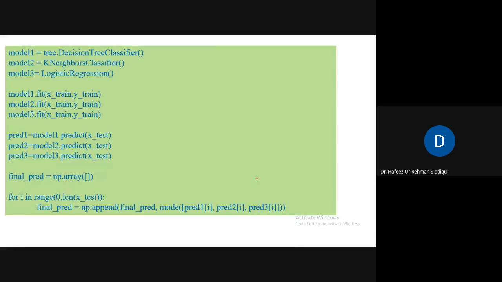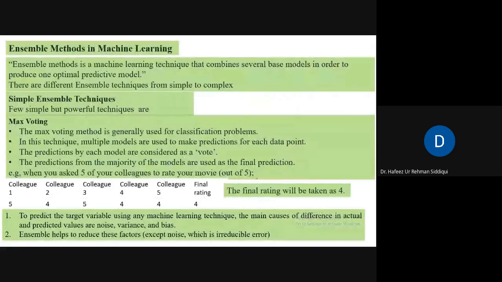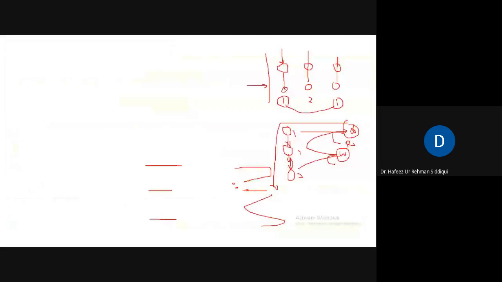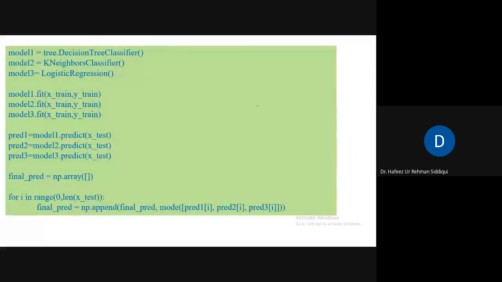here we have an example of max voting. You have a classifier, a decision tree as model 1, and model 2 is actually a k-neighbor classifier, and model 3 is a logistic regression. So you have three models.